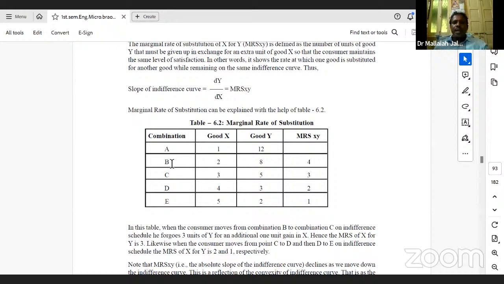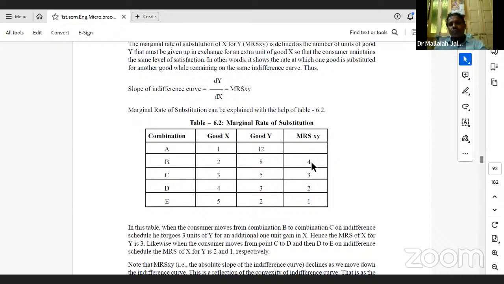So in combination B, the X commodity is increased and the other, as I said, is given up. Y has to be given up. What does it mean? He loses Y commodities due to increasing the X commodity. This level also gives the same level of satisfaction. That we have to remember.